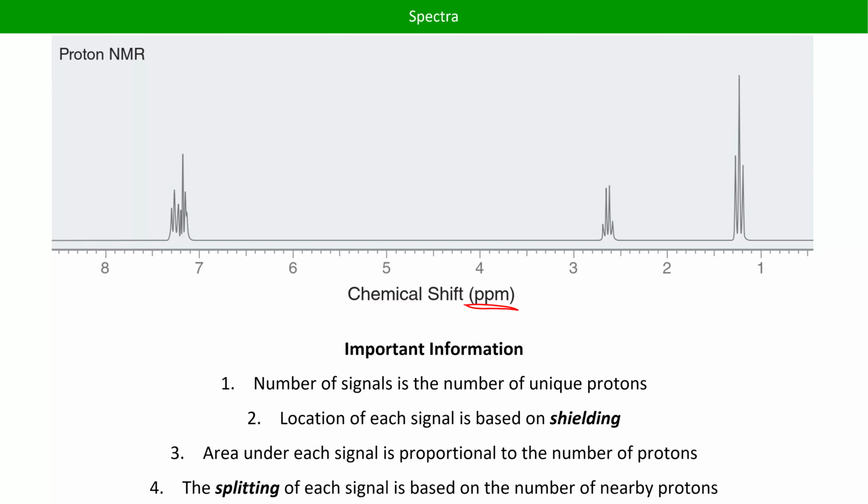The hydrogens that have the most electron density around them feel the magnetic field a little bit less, because they're surrounded by the electrons, and each electron has its own magnetic field. So basically, the further to the right is more electron density. We say more shielded, versus less shielded.